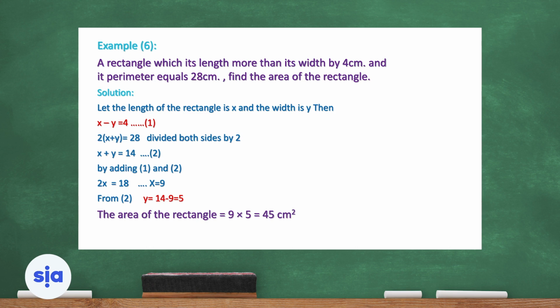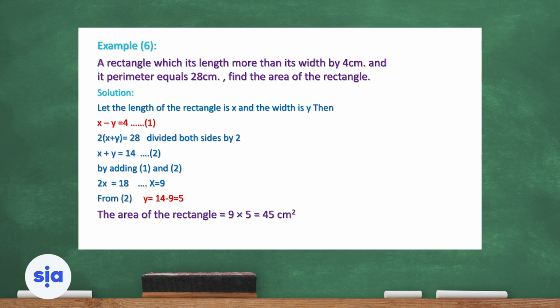First of all, we're going to let the length of this rectangle be L and the width of the rectangle be W. So the question says L is 4 centimeters more than its width. So L equals W plus 4.